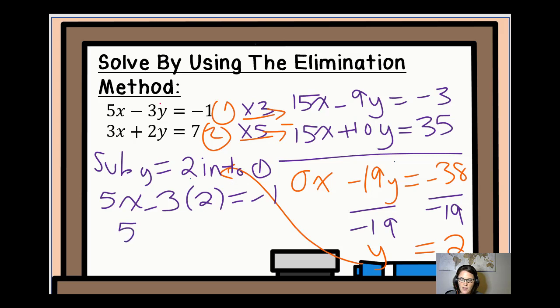So 5x minus 6 equals negative 1. 5x equals negative 1 plus 6 is 5. So x equals 1. So I can conclude that the solution to the linear system is 1, 2.